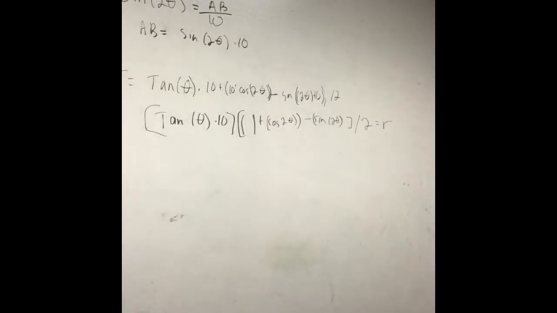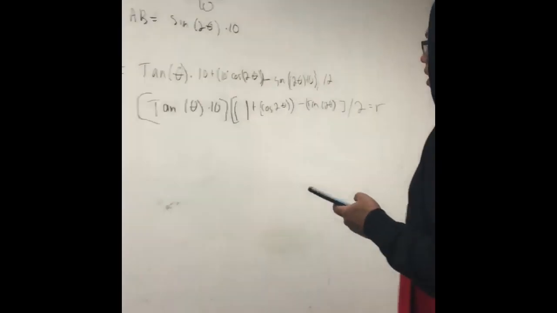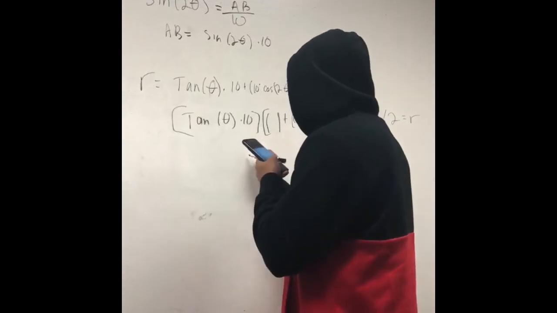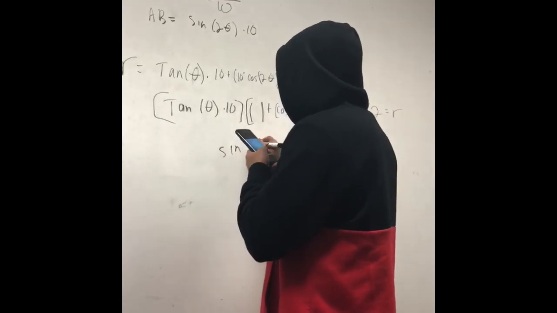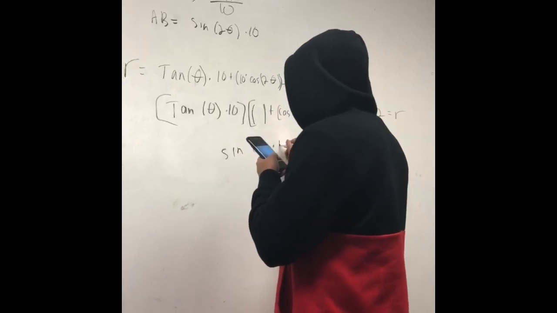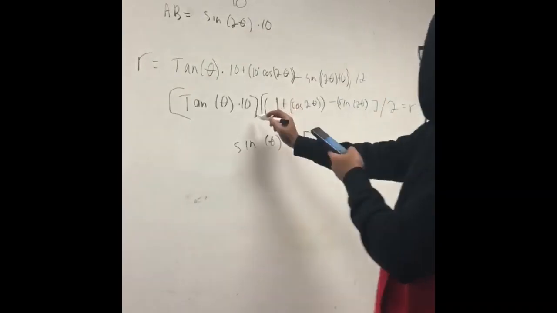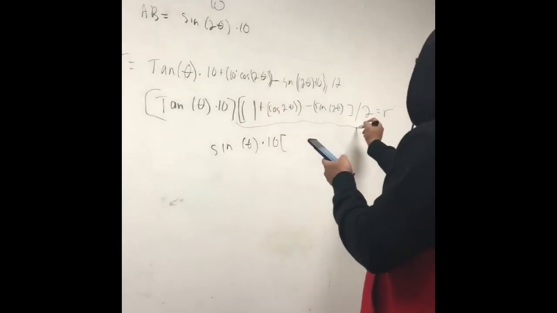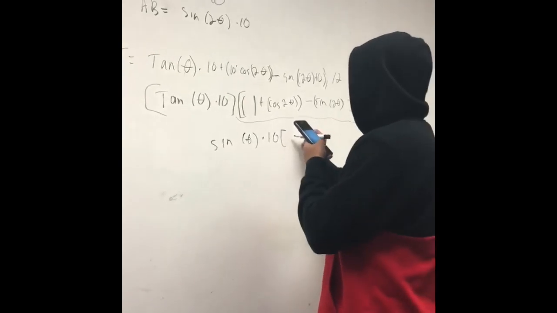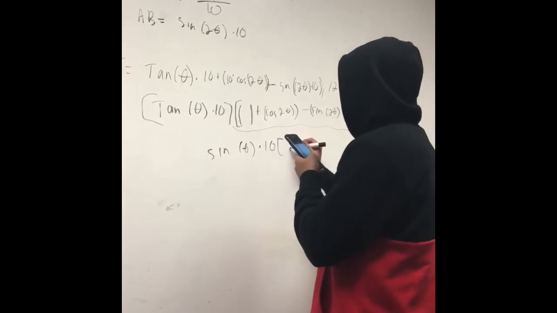And now we can rewrite tangent as sine over cosine, which is going to make our equation look something like this. We're going to have sine of theta times 10 times all of this stuff right here over 2 cosine theta.